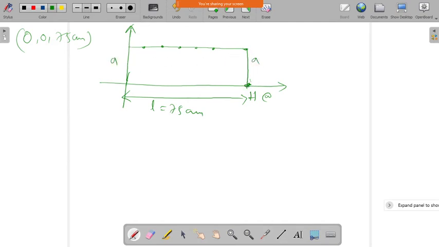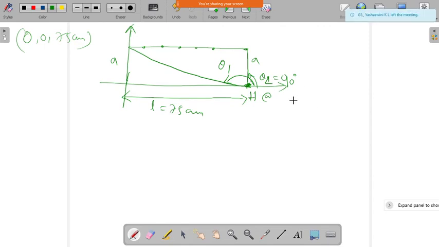Now we have to find out at this point, where theta 1 is equal to 90, and theta 2, so this is theta 1, this is theta 2, 90 degree.